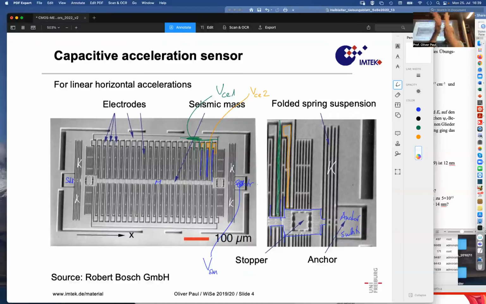Yeah, so if I go, this air is expelled. If I pull apart, air has to flow in, and that costs energy. Yeah, that is viscous material, and it's done everywhere. So this is what is called viscous air damping, or squeeze film damping.